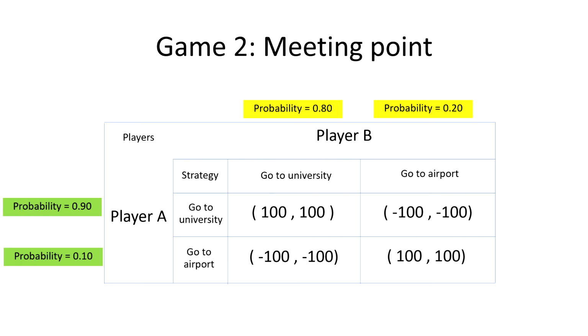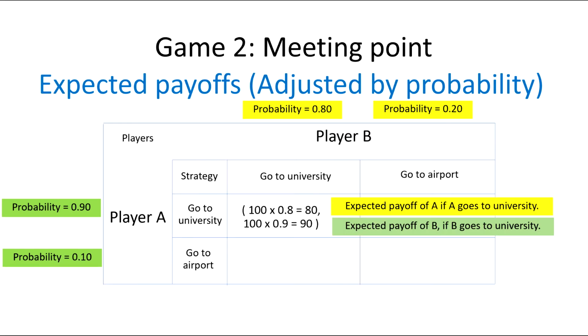Recall the payoffs. Here you see that if they meet, they will both have 100 utils. But if they don't meet each other, then they will lose 100 utils. Now we calculate the expected payoffs, or the payoffs adjusted by the probability.